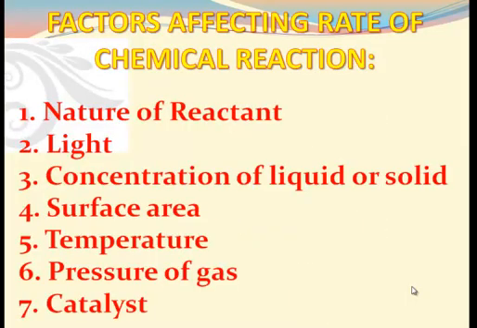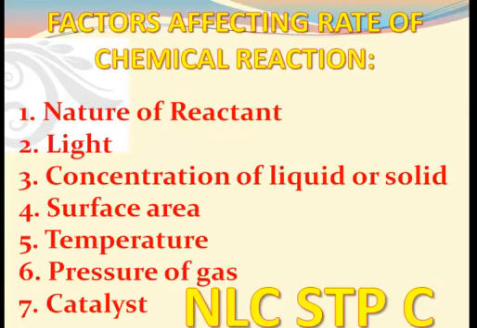Here we have the factors that affect the rate of chemical reaction. These factors of chemical reaction, a way to remember them: NLC, STPC, you know all the 7 of them.